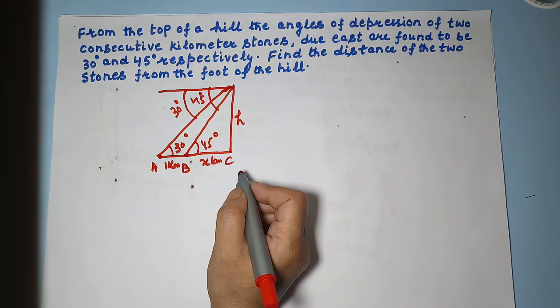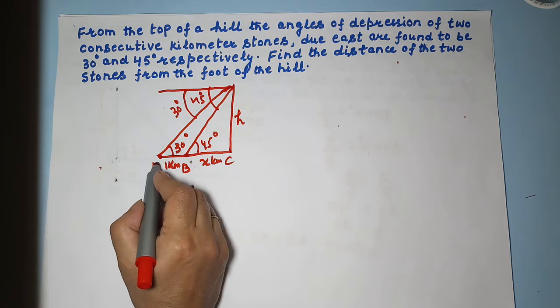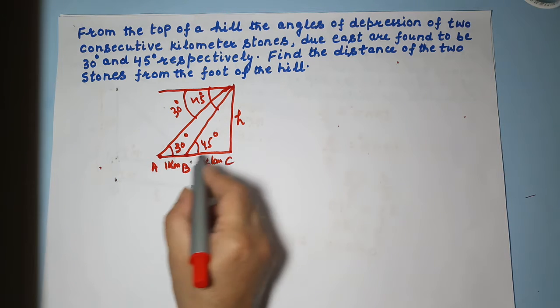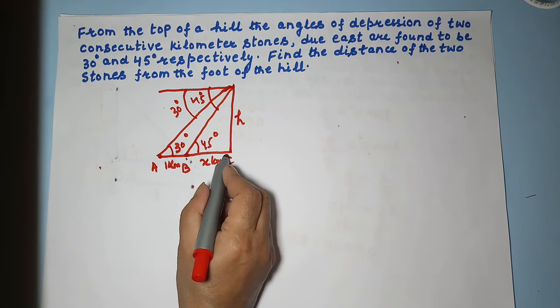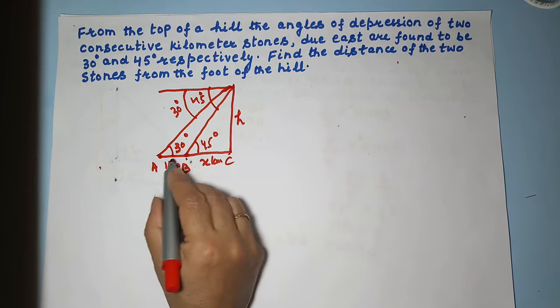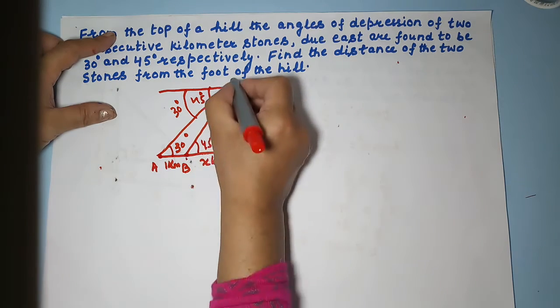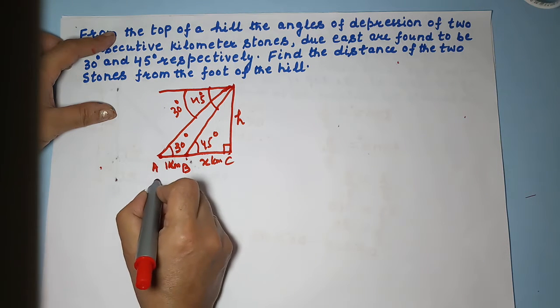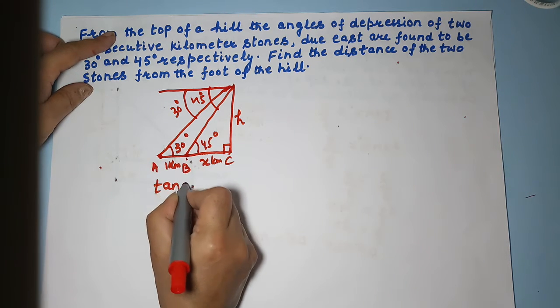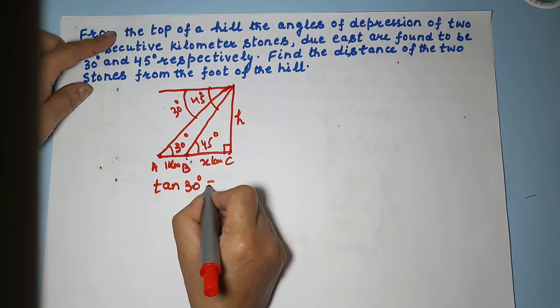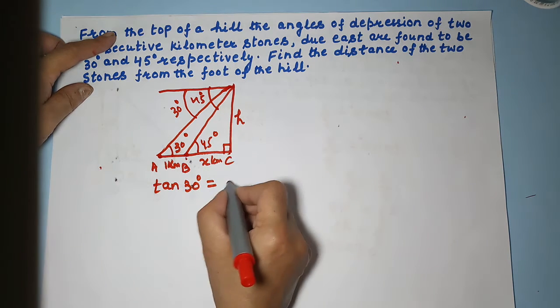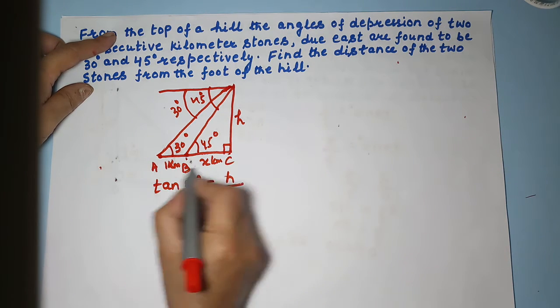Now we have to find the distance of A from C and distance of B from C, from the foot of the hill. So first I will take this triangle, and in this triangle I will have tan 30 degrees equals h upon 1 plus x.